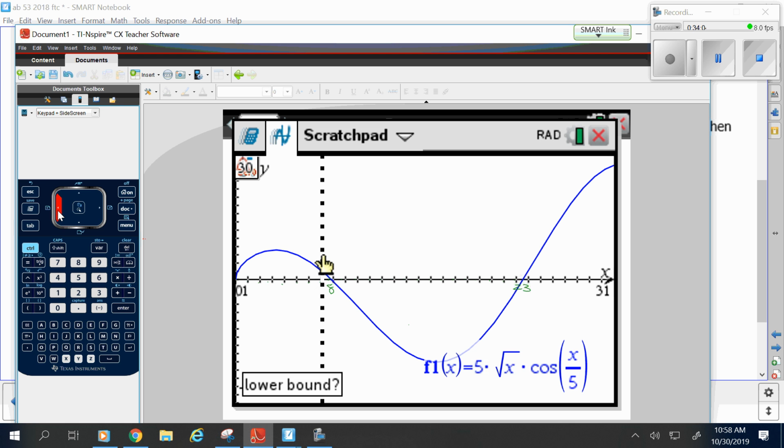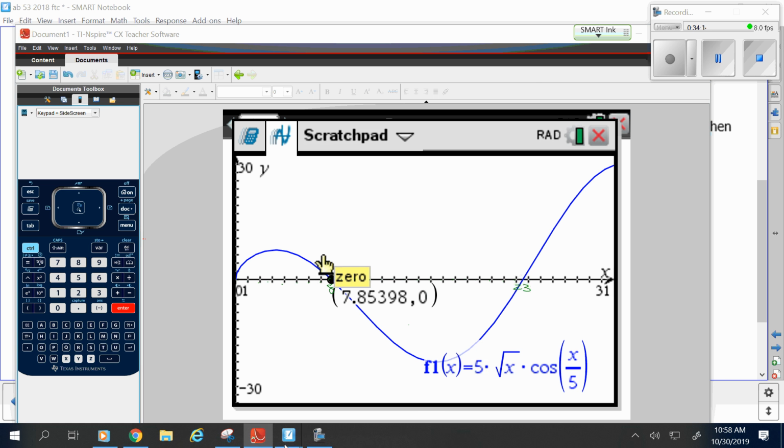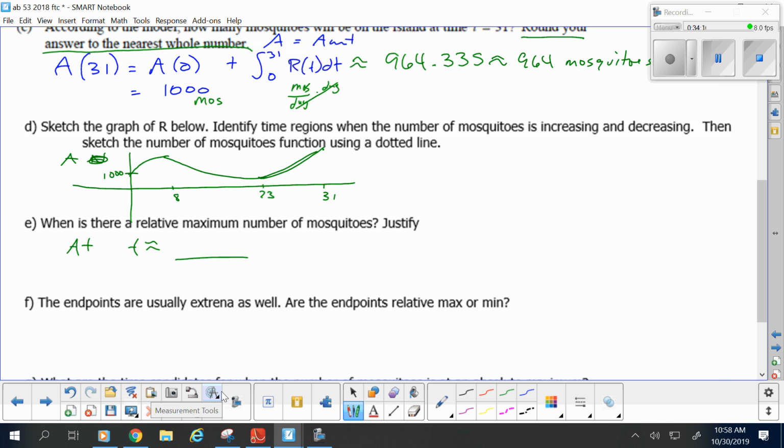Did you know you can just type in numbers like from 7 to 15 and it'll find it. Did you get 7.853? Okay, so time equals 7.853, and we also said the end point, which was when? Time 31. Why is this a max? Because R changes from positive to negative.